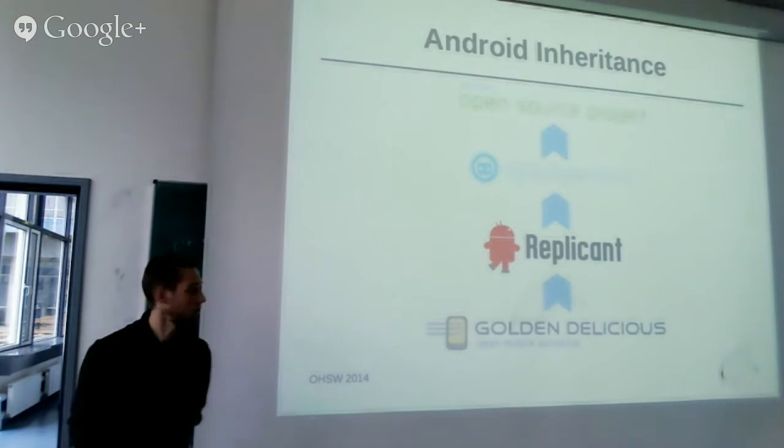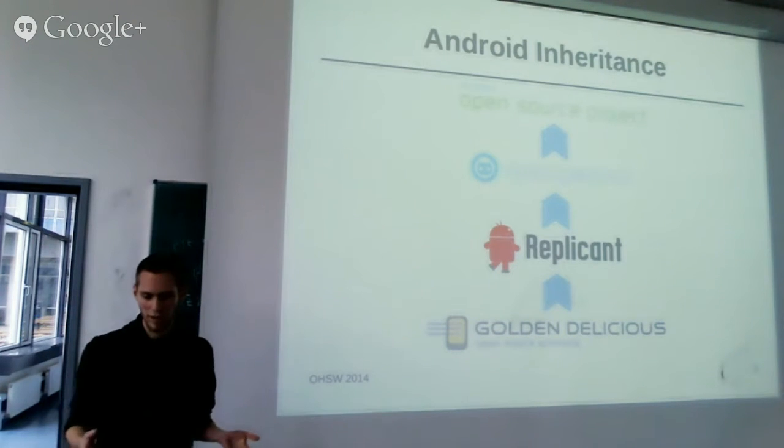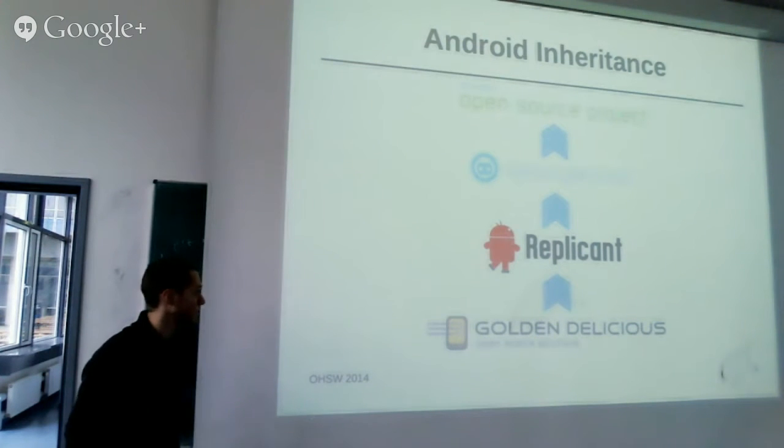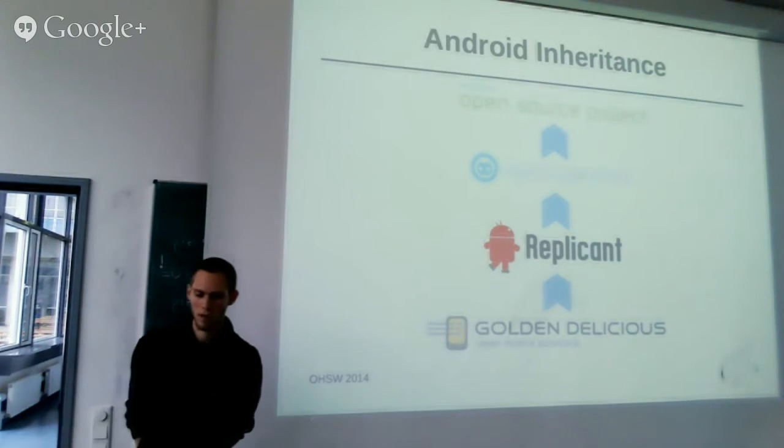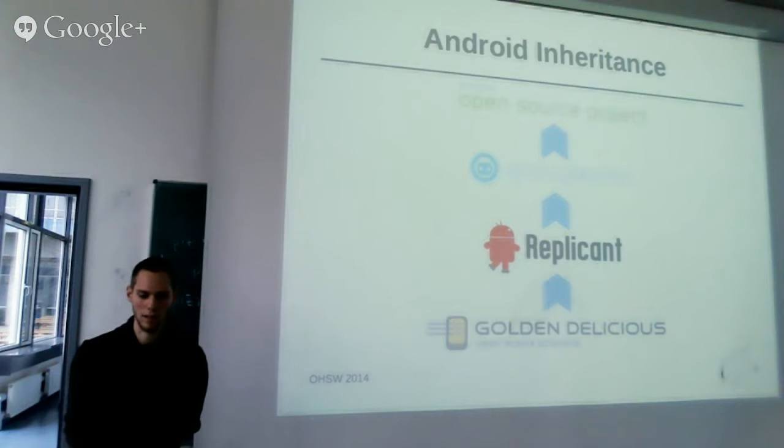So now we have a more or less open source Android project, which supports quite some hardware. The next step is the Replicant distribution. It takes the source code from CyanogenMod and selects, I think, only 4 or 5 devices.